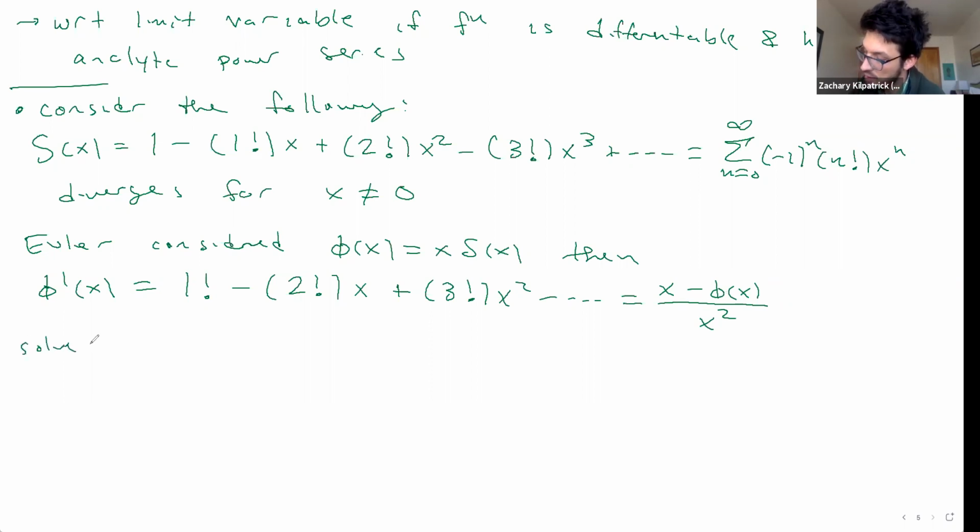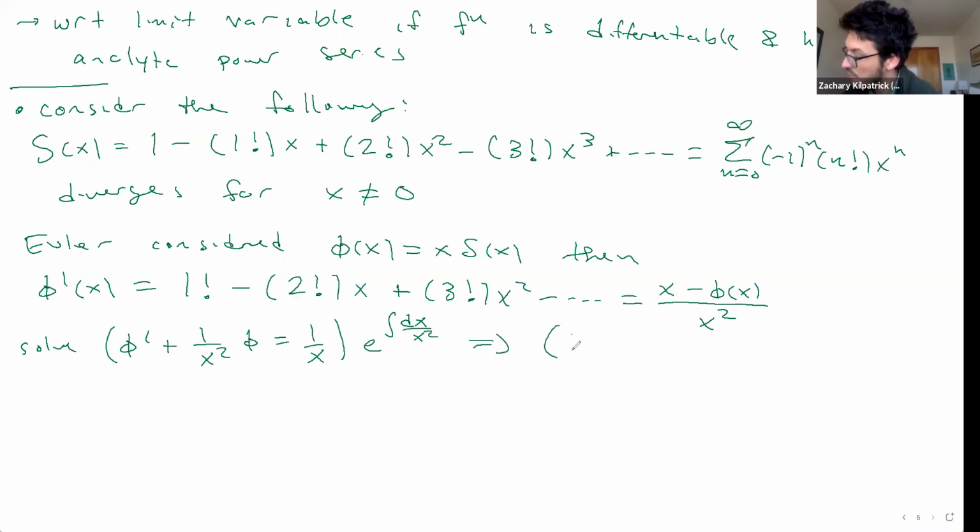Now I can solve this differential equation. It's just a linear differential equation in a single variable. We can use an integrating factor. If we scale by our integrating factor, e to the integral of 1 over x squared, then we get phi e to the minus 1 over x, prime, is equal to 1 over x, e to the minus 1 over x.